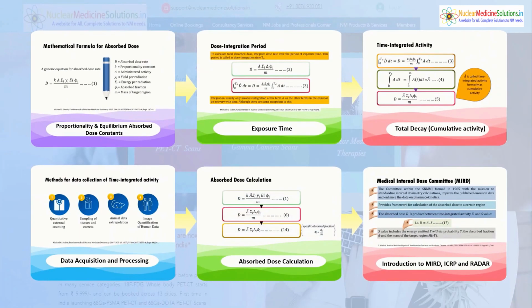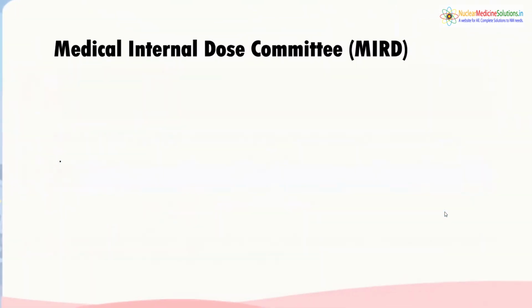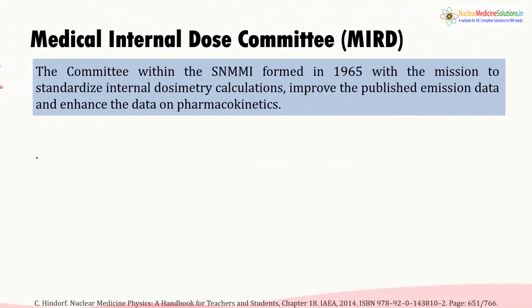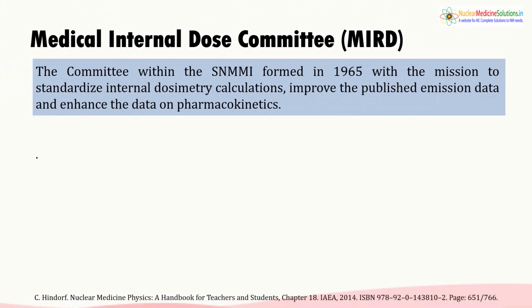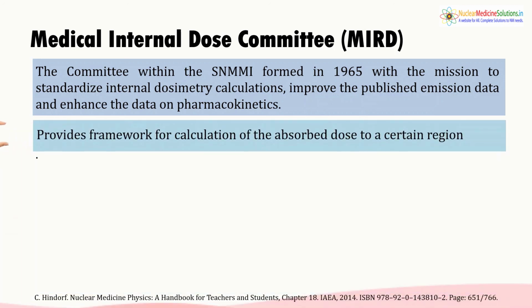The MIRD committee, within SNMMI, was formed in 1965 with the mission to standardize internal dosimetry calculations, improve the published emission data, and enhance the data on pharmacokinetics, with a vision to provide a framework for calculation of absorbed dose to certain regions.